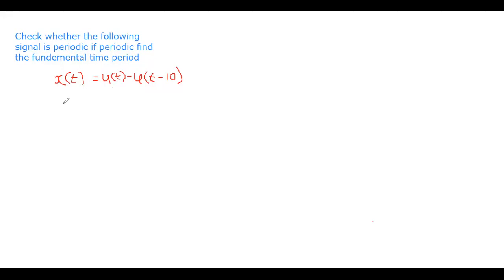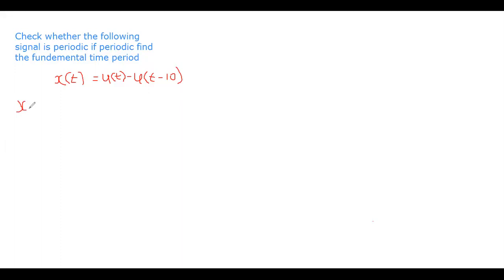Why? Because this x of t is the combination of two functions. The first one is u of t and the second function is u of t minus 10.